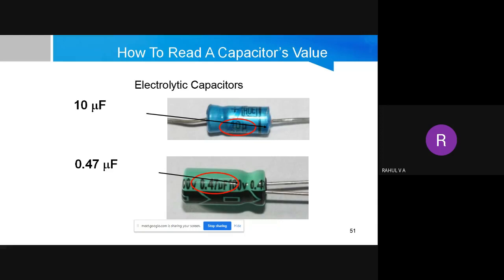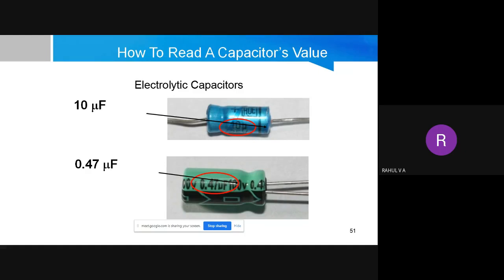But when it comes to small carbon film resistor or carbon composition resistor, it was very difficult to print the resistor value on the body. So we used color coding method. For carbon composition and carbon film, they will be using color coding method, and for some wire wound resistor and ceramic resistor, they will be directly printing the value on the resistor body.